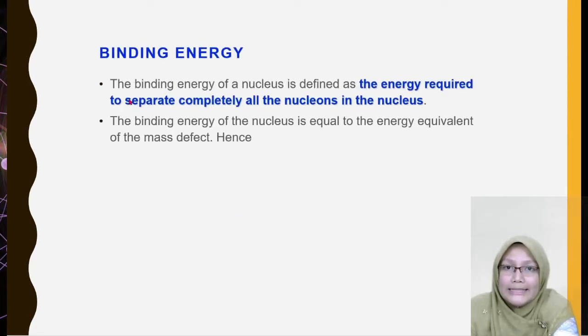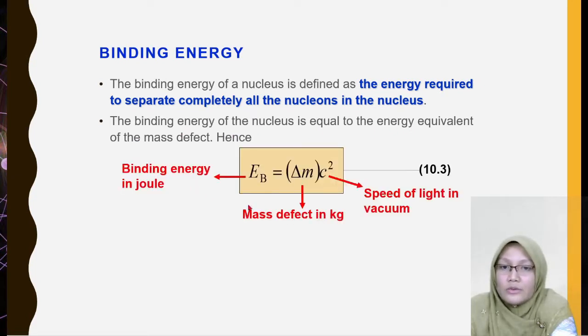The binding energy of a nucleus is defined as the energy required to separate completely all the nucleons in the nucleus. The binding energy of a nucleus is equal to the energy equivalent of the mass defect. So we get the equation of binding energy, E_B equals delta M c squared.